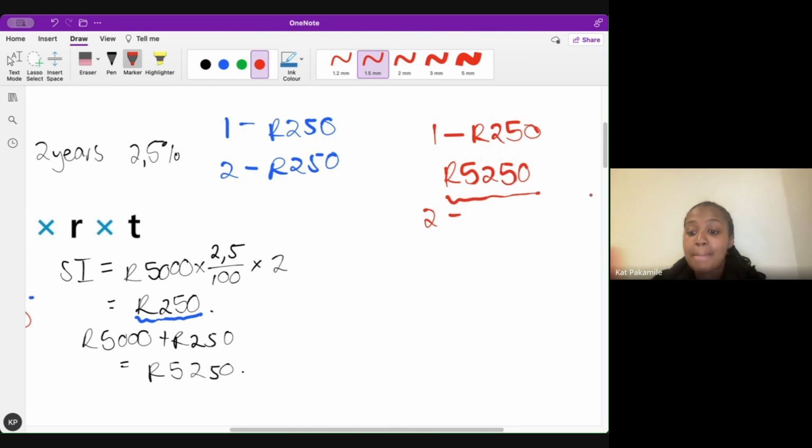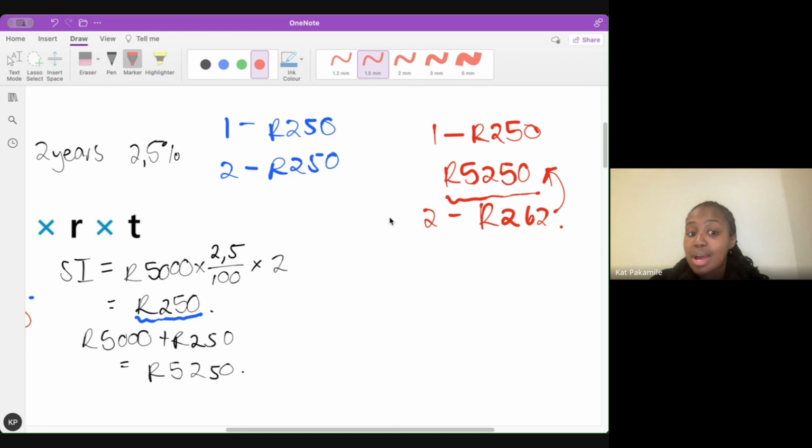Which means your interest earned will increase slightly. This will be 5,250 times 2.5%. So that would be slightly more, because it is 262. Do you see what I mean? That's what compound means. And then you're going to take this amount and add it back before you work out interest for the next 2 years.